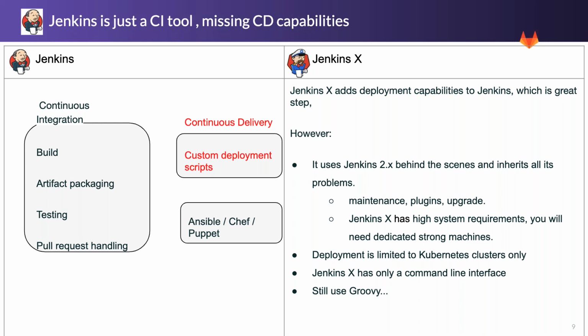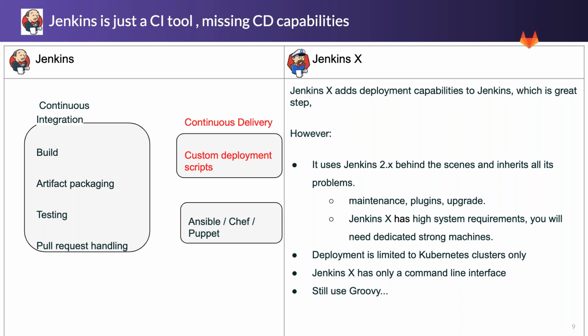Another challenge that Jenkins X introduces is that it requires high system requirements. So gone are the days that if you have a problem with Jenkins, you have a machine in your team, you just install Jenkins and make a workaround by creating another instance of Jenkins. With Jenkins X, you will need to find a very, very strong machine to make workarounds, and you will not have it handy.